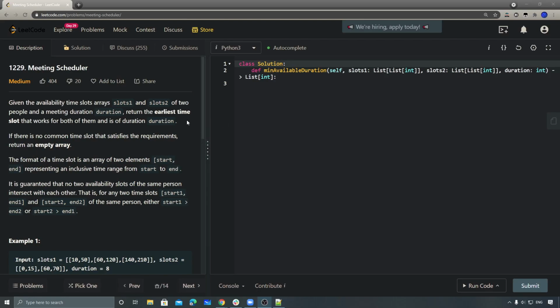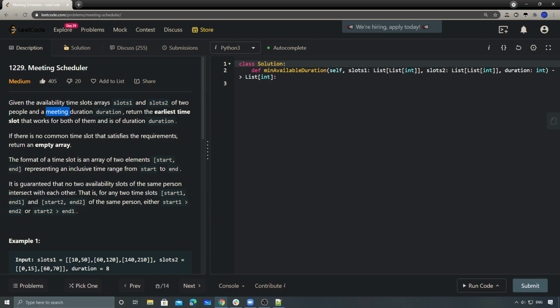So today, let's take a look at today's daily challenge problem, number 1229, meeting scheduler. This is another interval problem. This time you're given two arrays of slots, where each slot represents an interval, in this case a meeting duration.